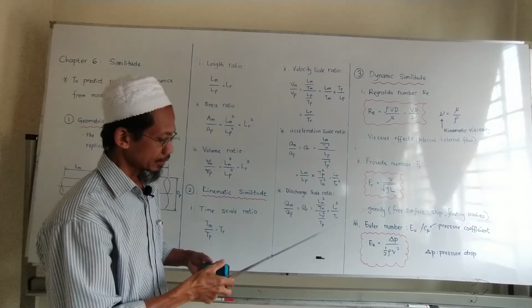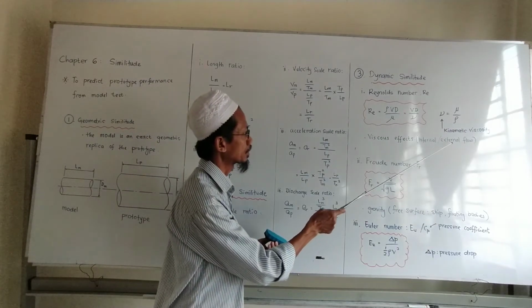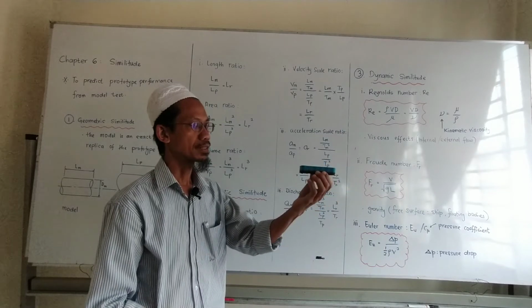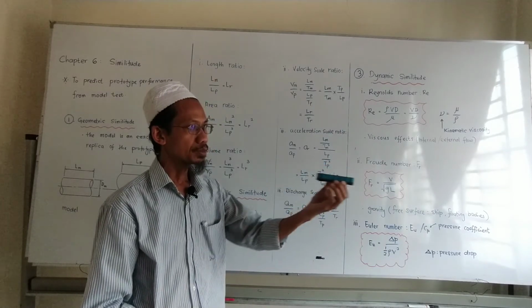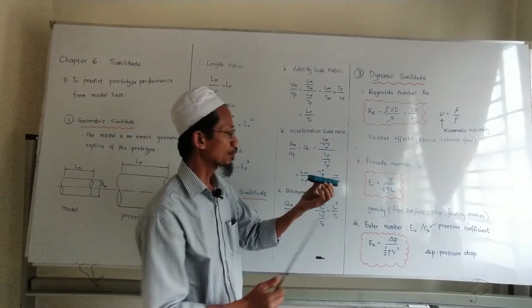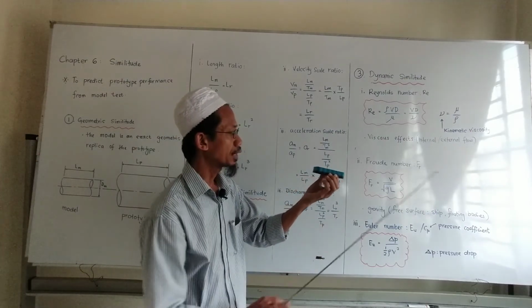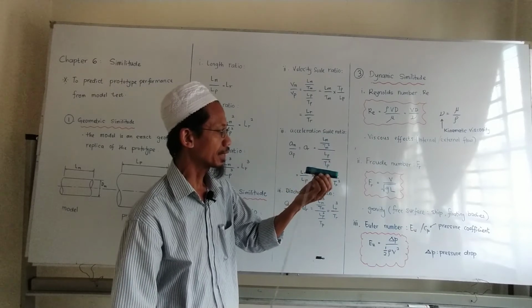For another external flow case, for example, this is a duster. When the duster moves with velocity V, rho is the air density, mu is the air viscosity, and d equals L of this duster.